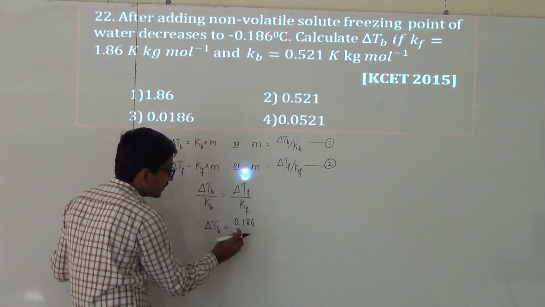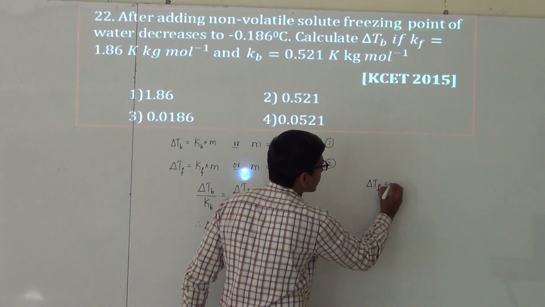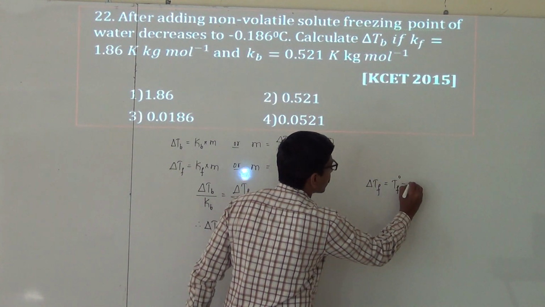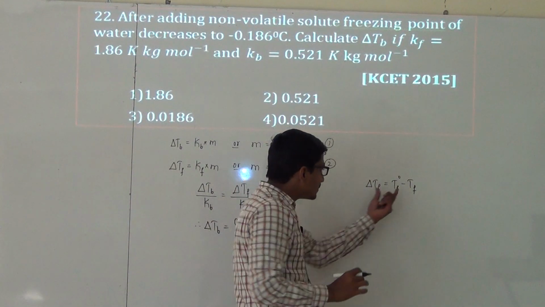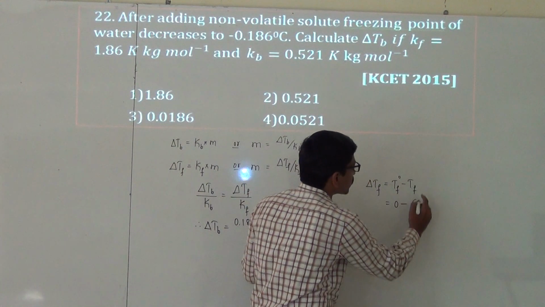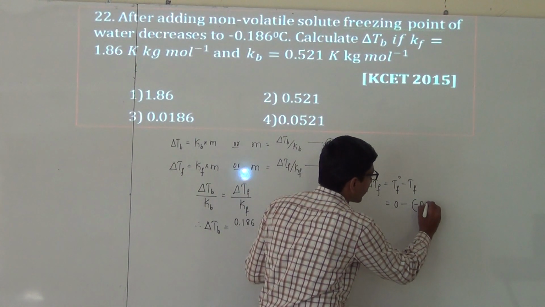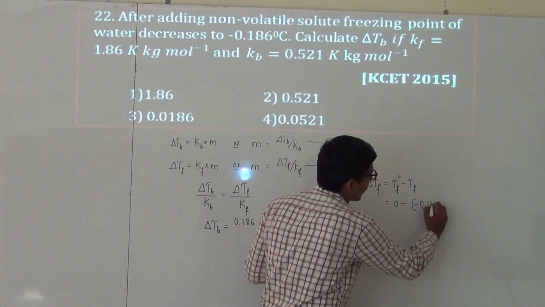delta TF value is 0.186. This is a minus value, since delta TF is equal to TF naught minus TF. The freezing point of pure water is 0 degrees Celsius and the freezing point of the solution is given as minus 0.186.